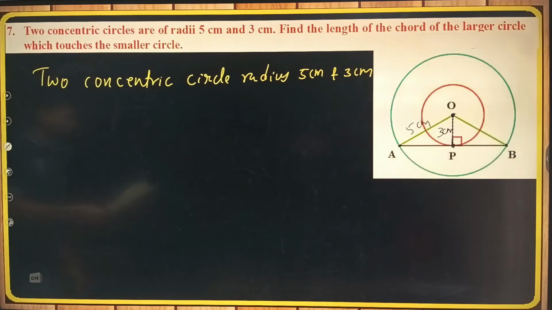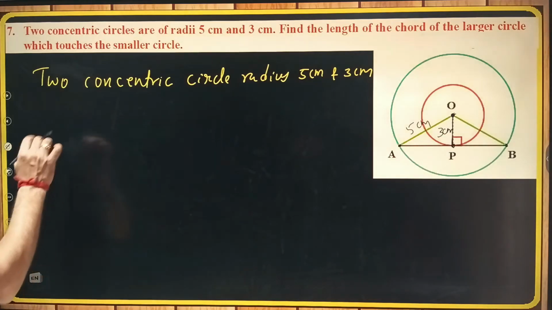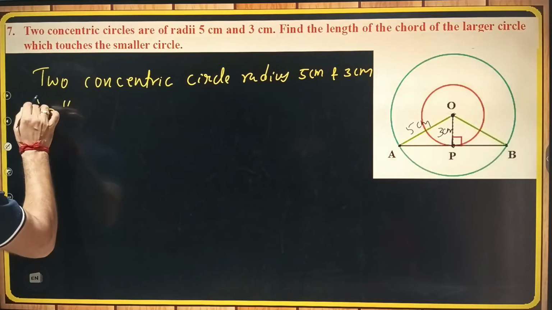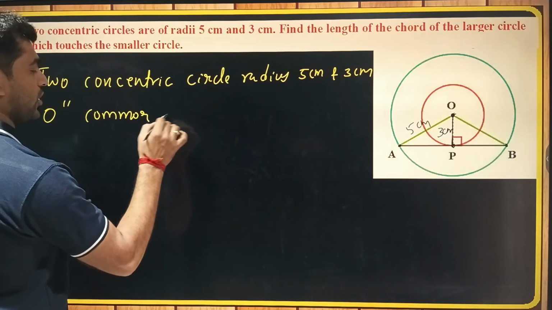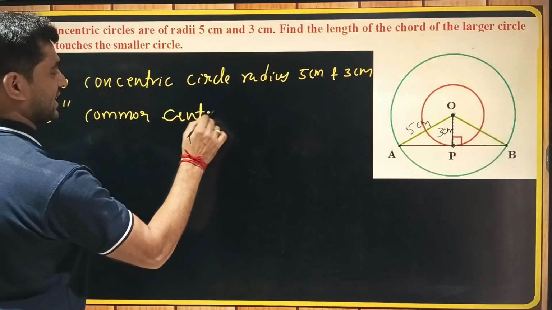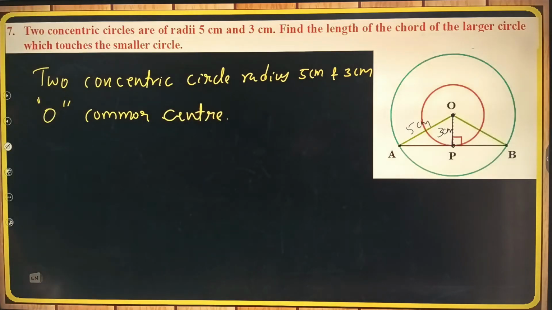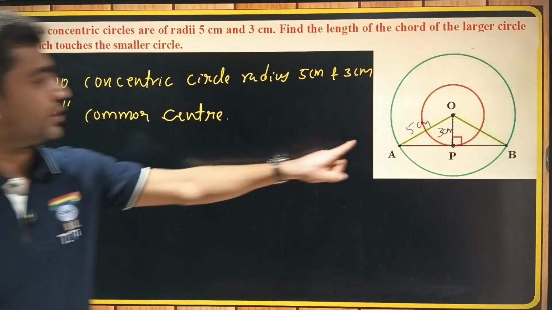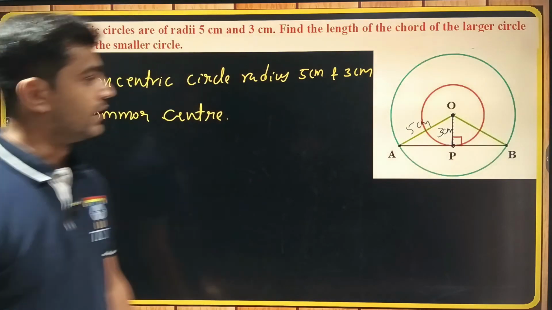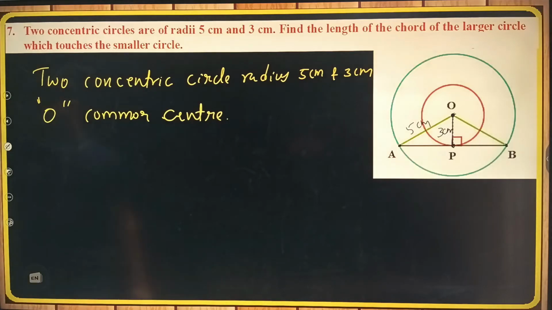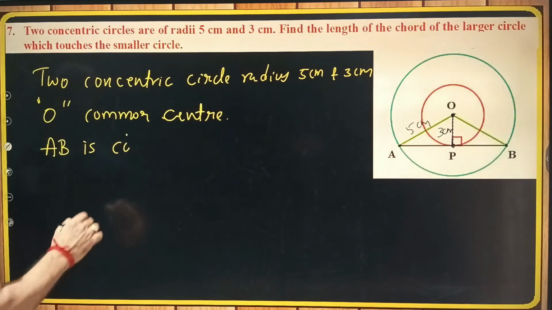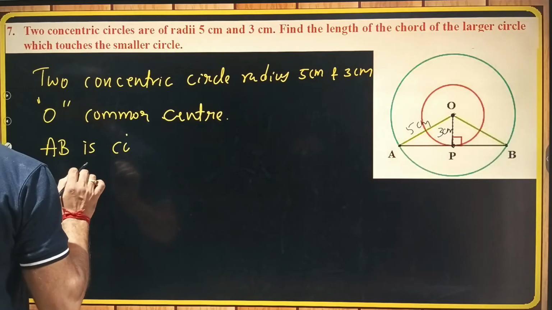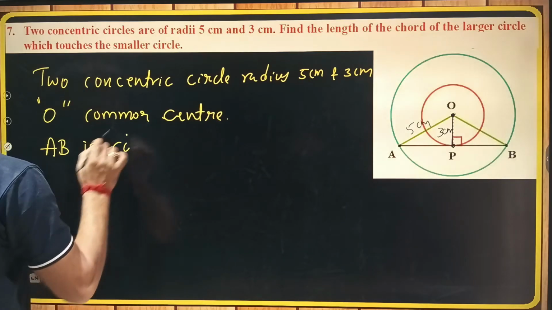Now with respect to that, and the common point in both cases, O is a common center, common for both the circles. Now dear friends, considering that AB is a what? AB is a chord of a circle with radius 5 centimeter.